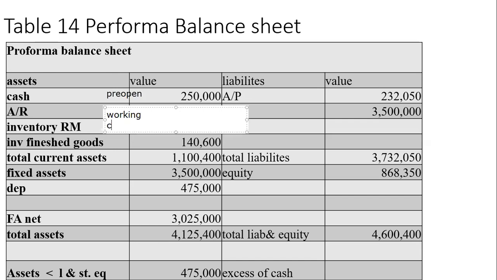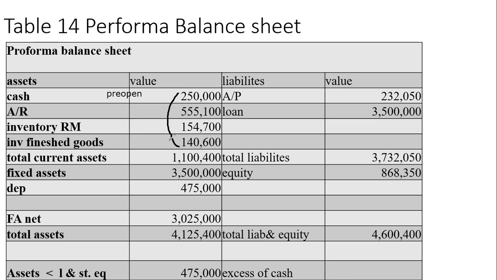Inventory as well from the inventory of working capital. And here, if we add all of these items, what are these items? We add the cash, the accounts receivable, all these items, and it gives me the total current assets.